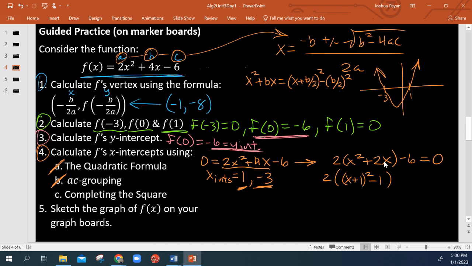And we can't forget we still have the 2 and the minus 6 sitting out there. We're going to redistribute the 2 back inside so that we can solve this for x. So that's going to become 2 times x plus 1 all squared minus 2 minus 6 equals 0. These two combine to give us a minus 8.